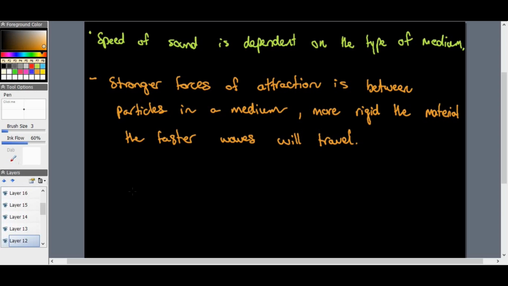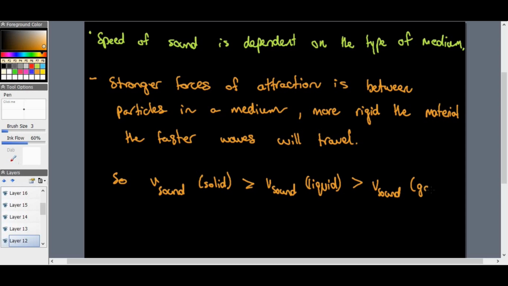So if we have a look at that, the speed of sound, we'll use v from mechanics: v of sound in a solid, like ice or steel, is greater than the speed of sound in liquid, which is greater than the speed of sound in air, so gas.